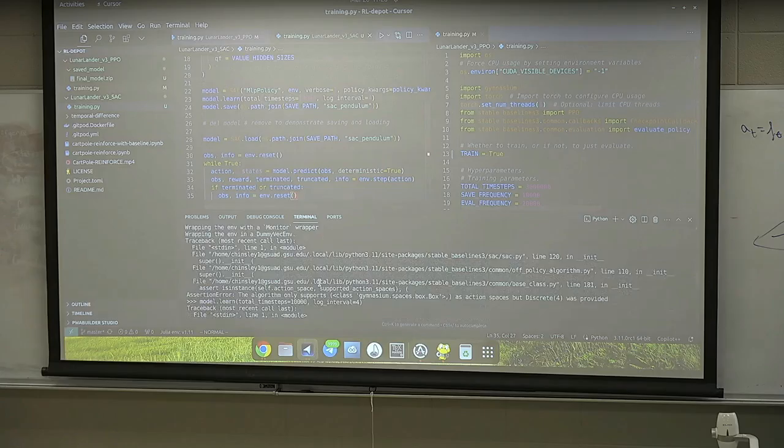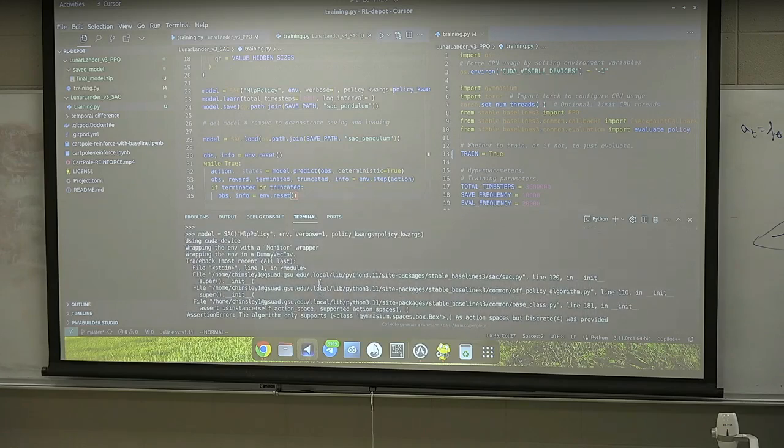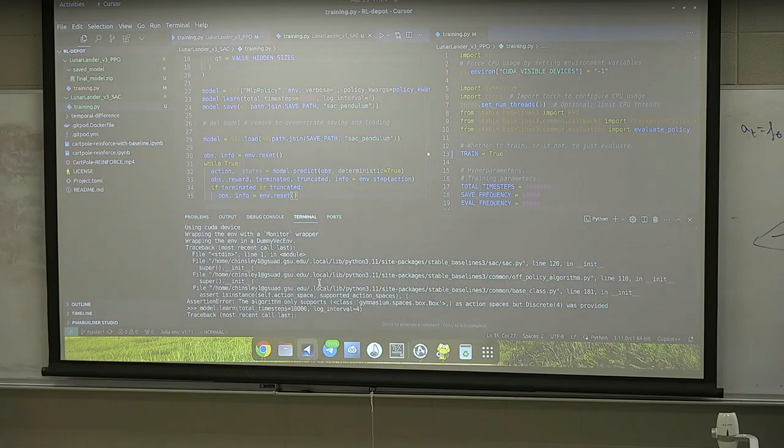Where is it failing? Model's not defined. Assertion error. Discrete was provided.